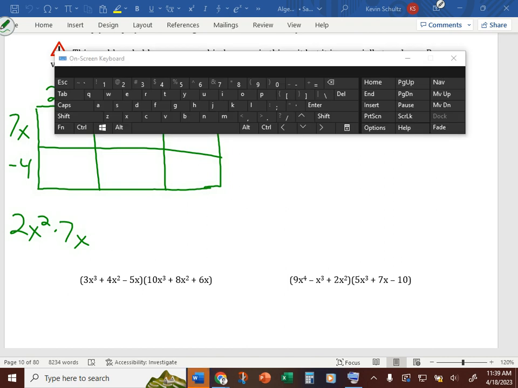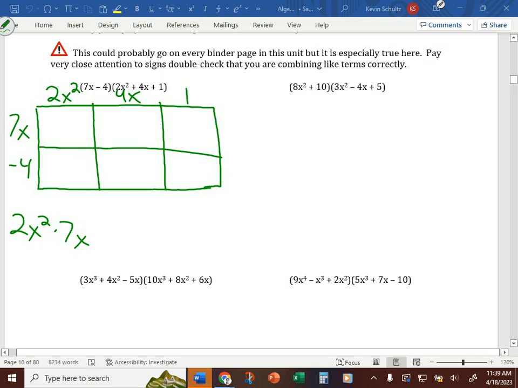How do we multiply 2x squared by 7x? Abby? 14x. So the coefficients get multiplied, right? 2 and 7 multiply to make us 14. And then what do we do with the exponents? You add them. And remember, if it's just x, it has that hidden power of 1.